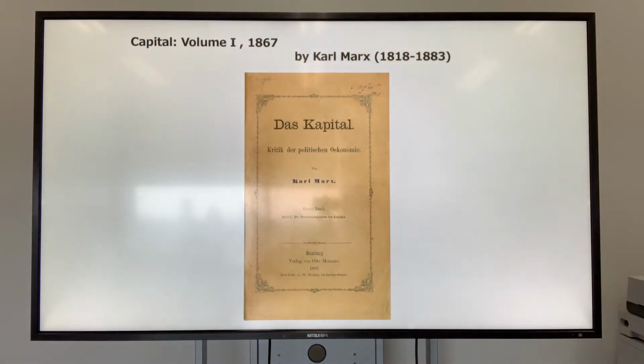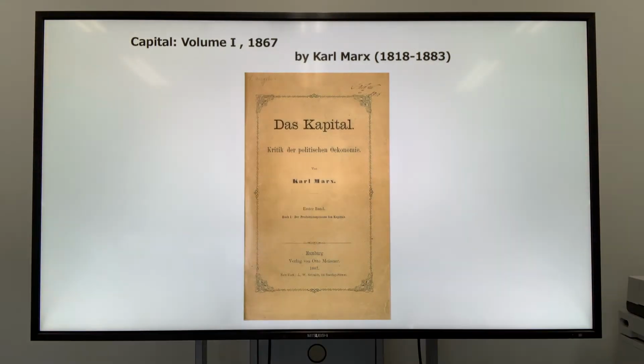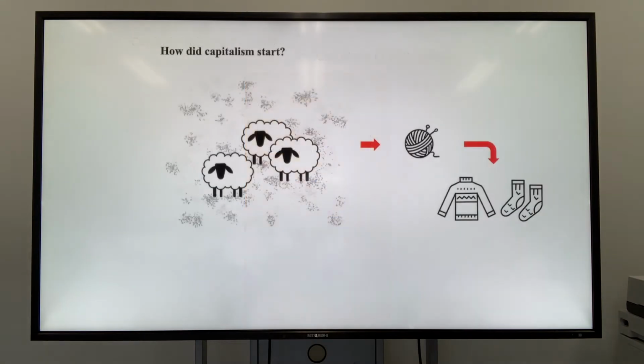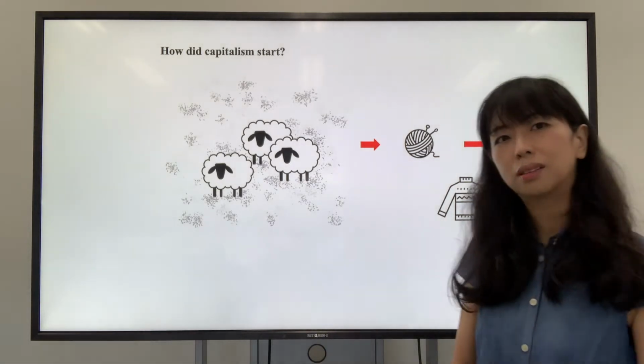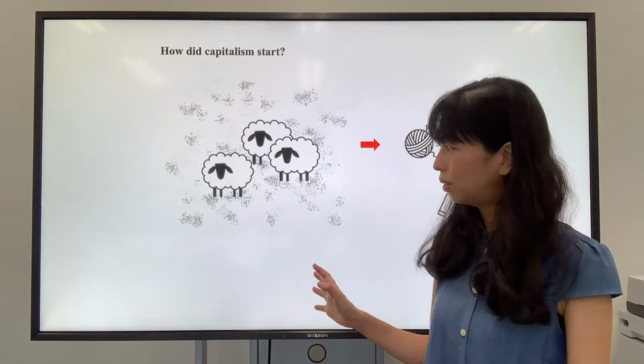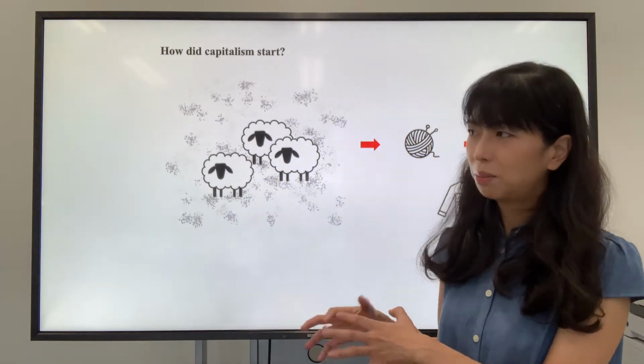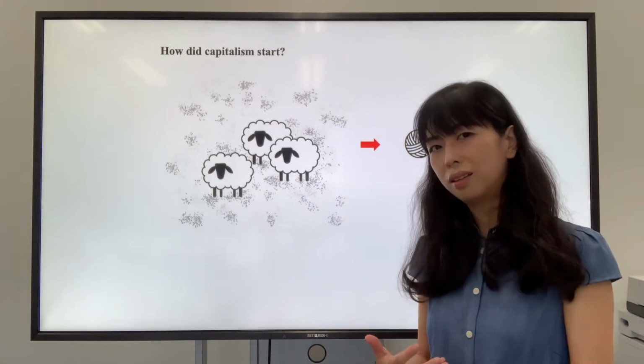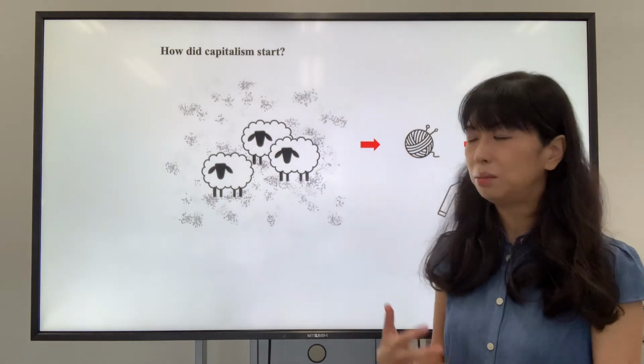So to begin with, I want to first explain in the simplest way how capitalism ever started. This diagram shows a very simple scheme of the mechanism behind how capitalism really emerged.